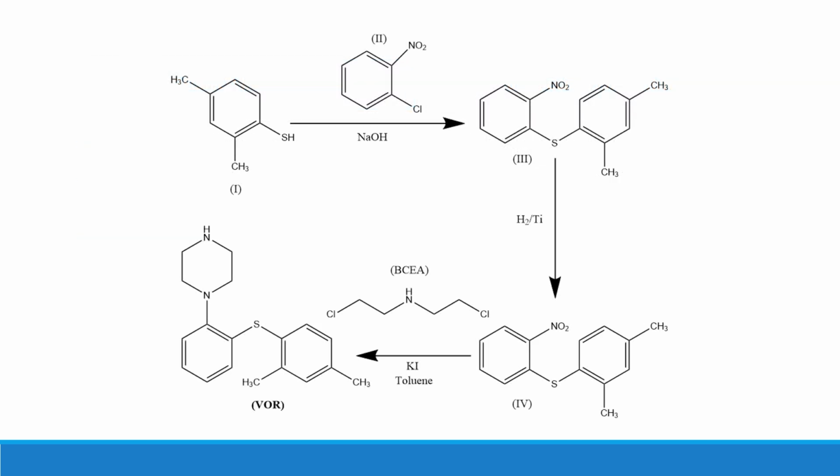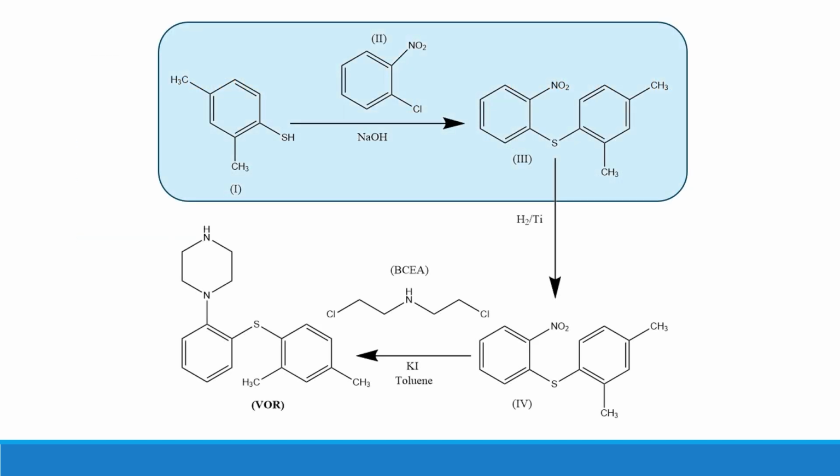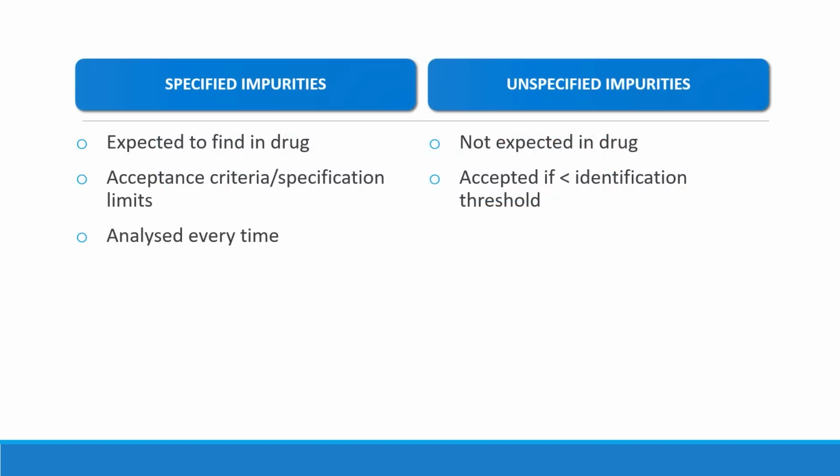If, for example, the first VOR synthesis reaction of starting material 1 and 2 is a complete or quantitative reaction, molecule 2 is not expected to be present at the end of the manufacturing process, and will thus be an unspecified impurity.